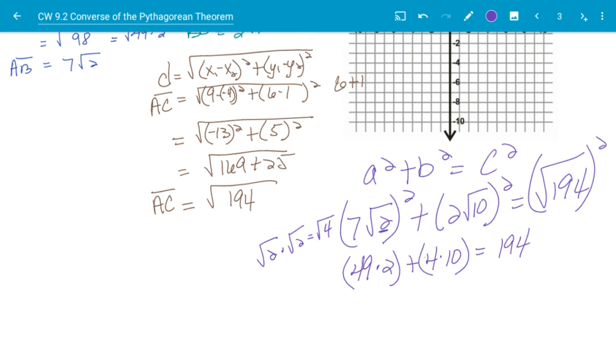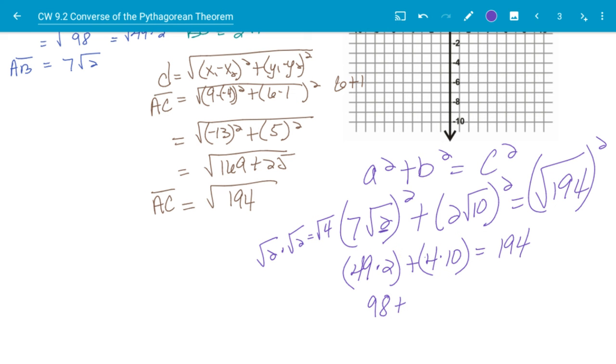So now 49 times 2 is going to be 98, plus I'll have 40. I already squared them, what am I talking about?